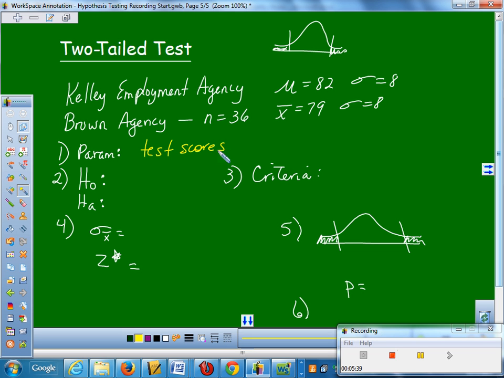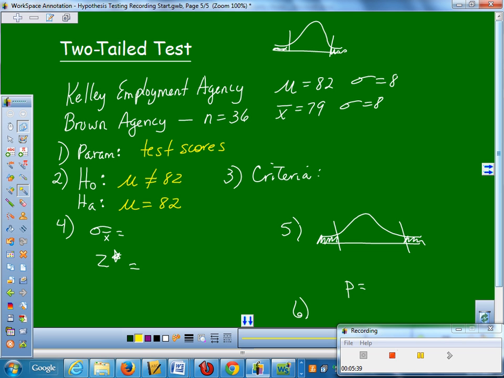You always use the original population data, so we actually believe our test is the same thing as an 82. Consequently, the null hypothesis has to be that our test is not the same as an 82. Now, it's not saying it has to be higher or lower, so since it could be either way, we say it does not equal 82, meaning it could be on either side. And that's why this is a two-tailed test. If you have an equals and it does not equal, then you're going to be doing both ends of your normal curve.